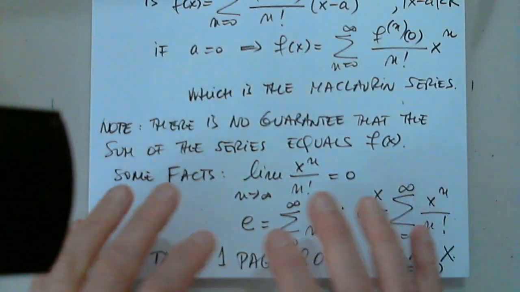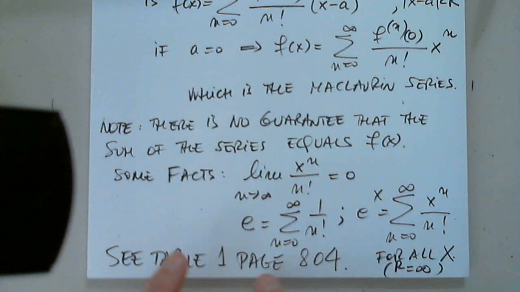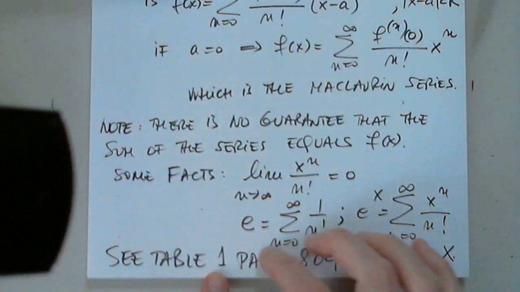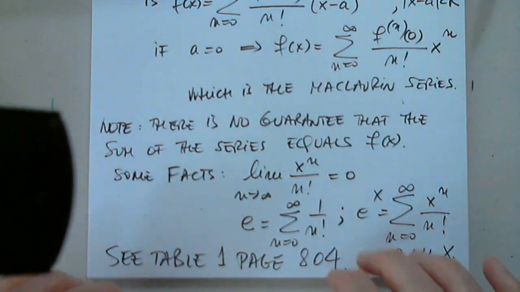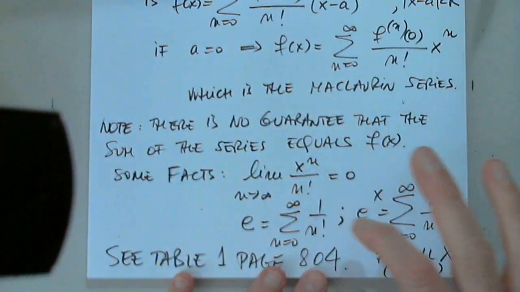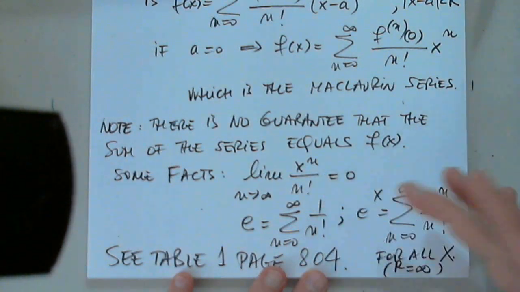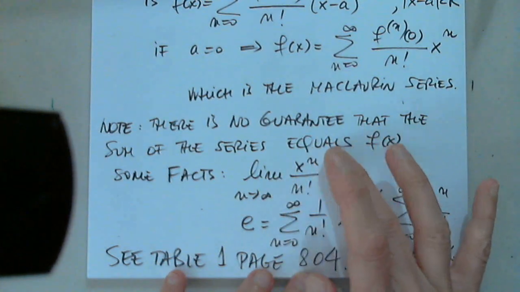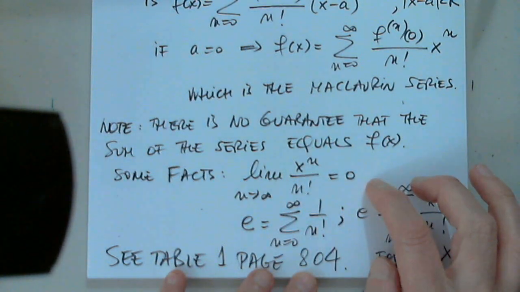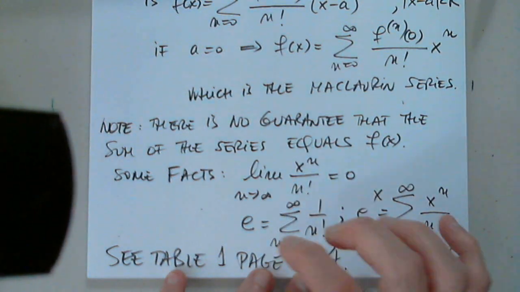So a lot of what we're doing in this section revolves around table 1 on page 804. It's also in the Canvas course. I copied it there for you. So we have 3 pieces of information that I would like to re-emphasize here. The limit of x to the n over n factorial is 0 when n approaches infinity.